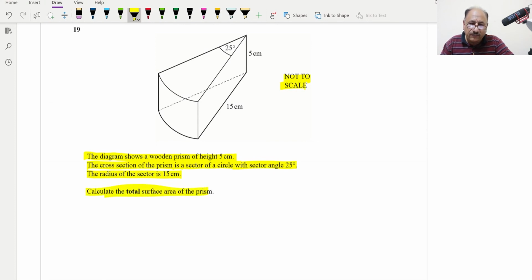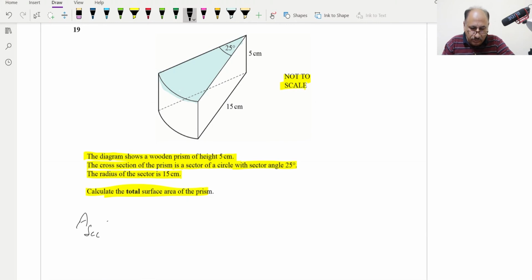For total surface area, first of all, we will find the area of the sector, considering the sector with angle 25. Keep in mind this prism has a base area the same as this shaded area, so we will double that one.